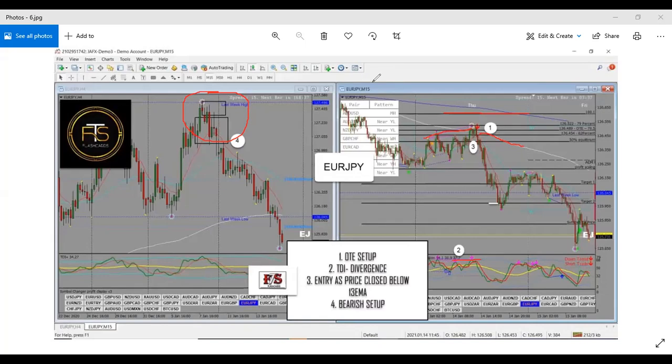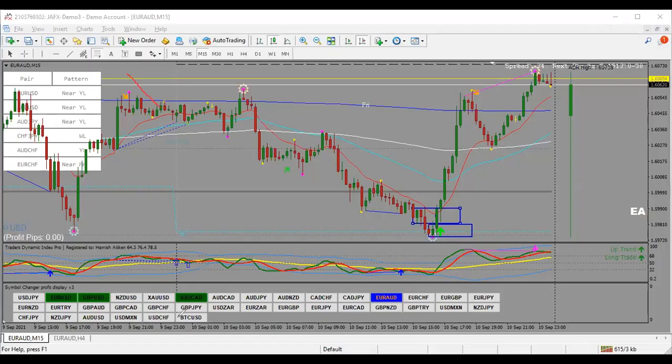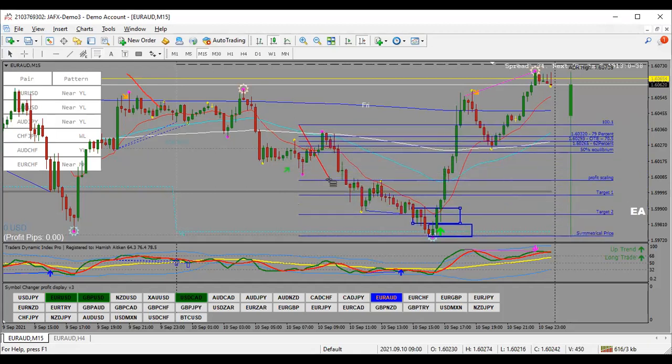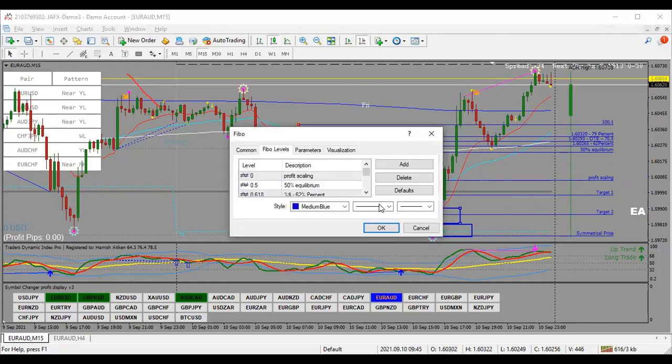Okay, look at it. Sorry. Let me try and show you from here. Okay, look at the fib settings here. Can you see that? Can you see my screen?